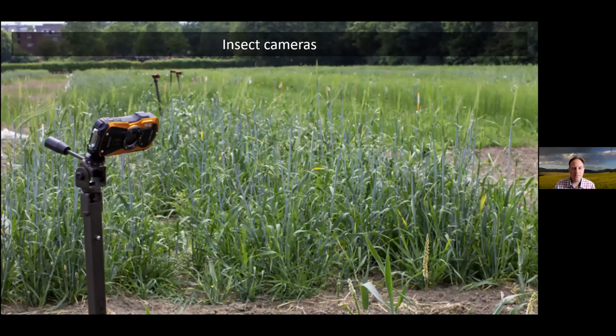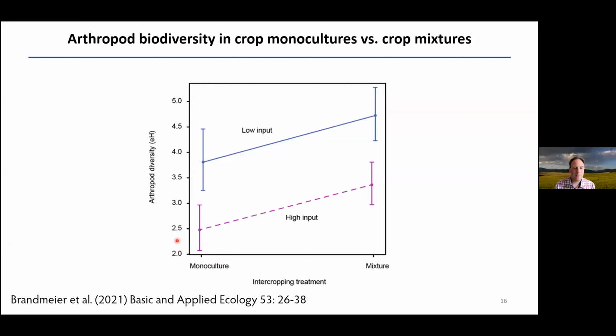And what you can see is that the richness of arthropods differs between monocultures and mixtures. So if you have either a wheat or a bean monoculture, you have a bit lower number of arthropod species. And if you go to the mixture, you increase the species richness. And the low input system that is not receiving herbicides and not fertilized has higher diversity.